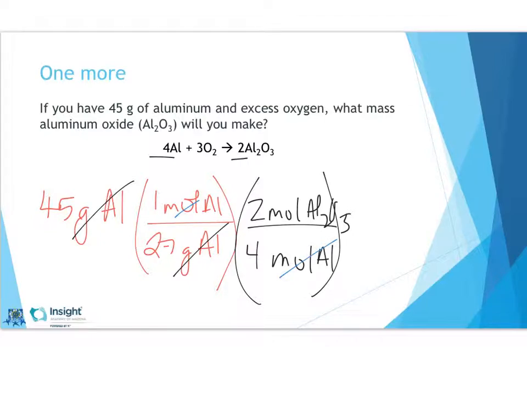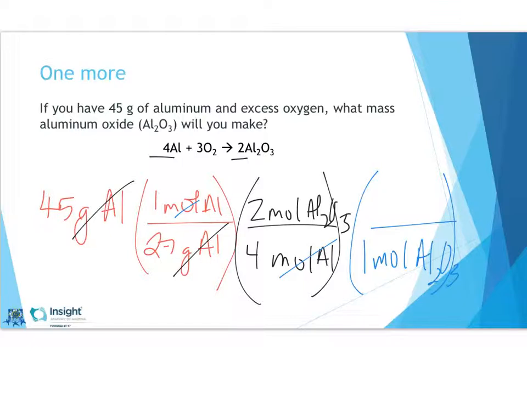And finally, the question asks what mass of aluminum oxide I am going to make. Because aluminum oxide isn't a gas, I'm still going to put 1 mole aluminum oxide in the bottom, but on top I'm going to put the molar mass. So I can do a little bit of a calculation here. 1 aluminum is 27 grams. Multiply that by 2 to get the 2 aluminums.